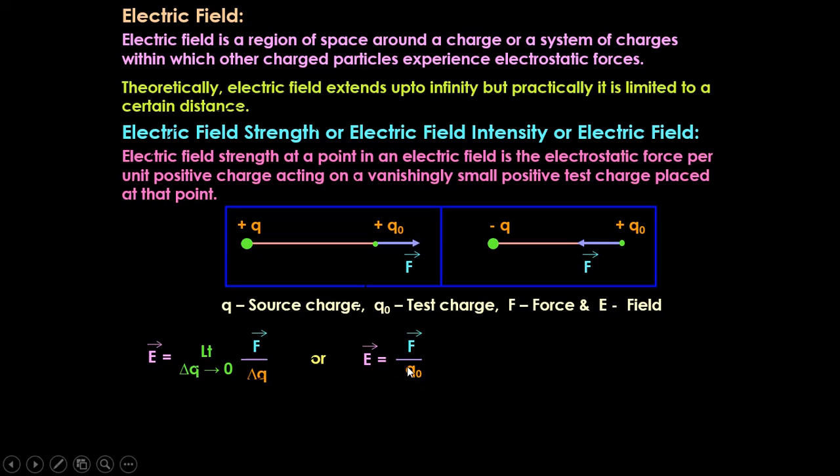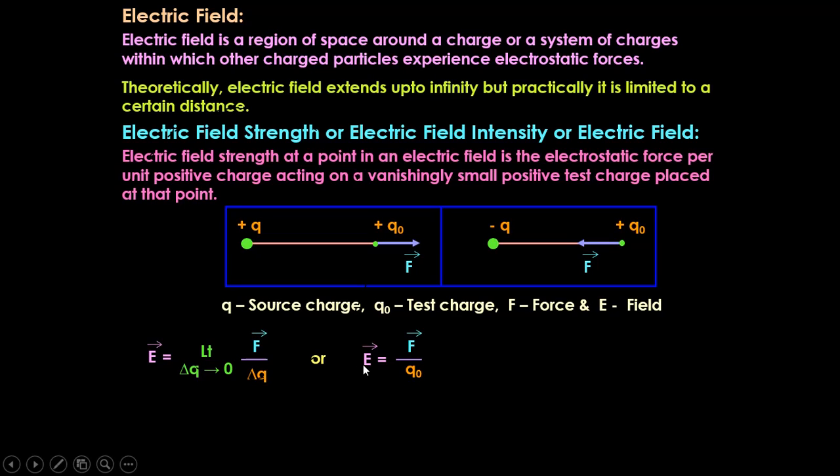Q naught is nothing but the smallest unit test charge. So equal to F upon Q naught. If this Q naught is taken equal to 1, the unit value 1, then the electric field becomes equal to the electric force.